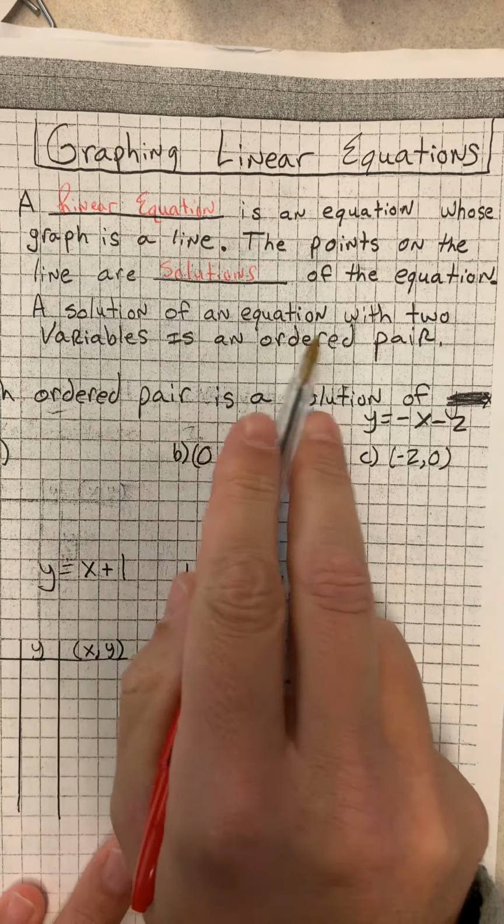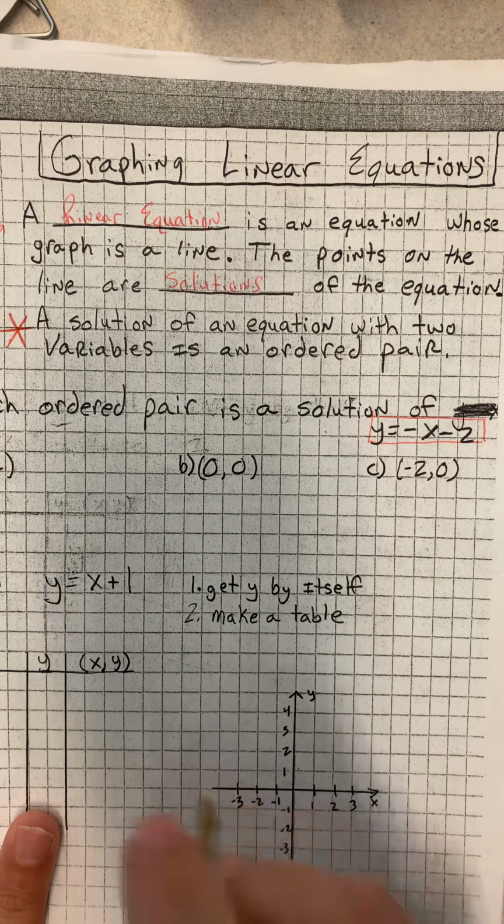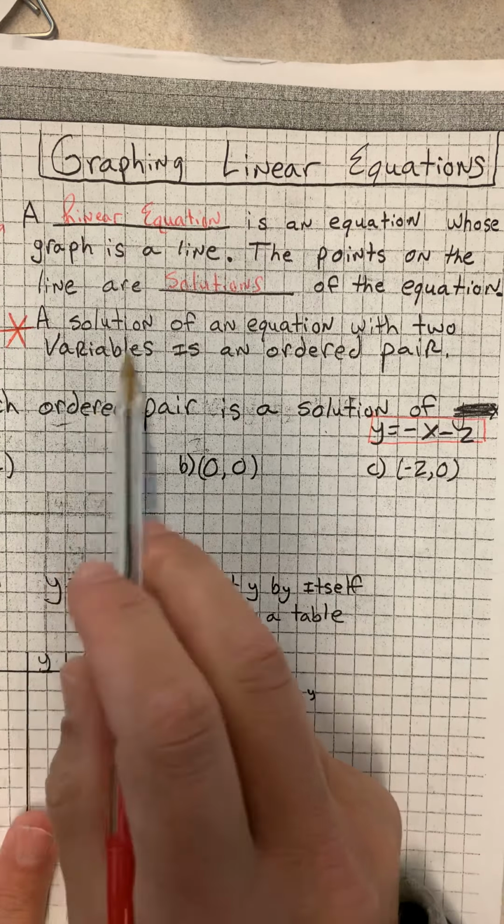First example, which ordered pair is a solution of this equation right here? I've got to break down what we set up here. A solution of an equation with two variables is an ordered pair. Here's how I check to see if this point is a solution to this equation.